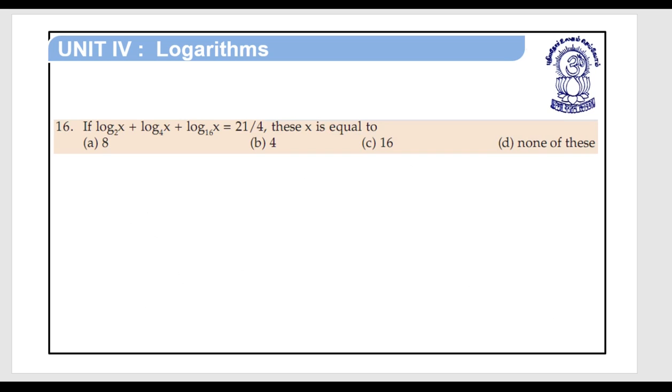Next question. If log x to the base 2 plus log x to the base 4 plus log x to the base 16 is equal to 21 by 4, then x is equal to? So write down first: log x to the base 2 plus log x to the base 4 plus log x to the base 16 is equal to 21 by 4 is given.